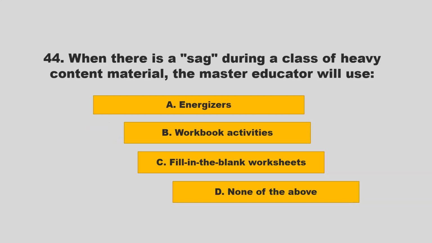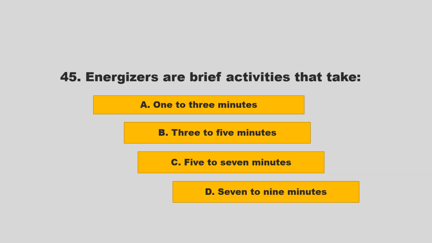When there is a sag during a class of heavy content material, the master educator will use Energizers, workbook activities, fill-in-the-blank worksheets, none of the above. If you chose A, Energizers, you are correct. Energizers are brief activities that take 1 to 3 minutes, 3 to 5 minutes, 5 to 7 minutes, 7 to 9 minutes.